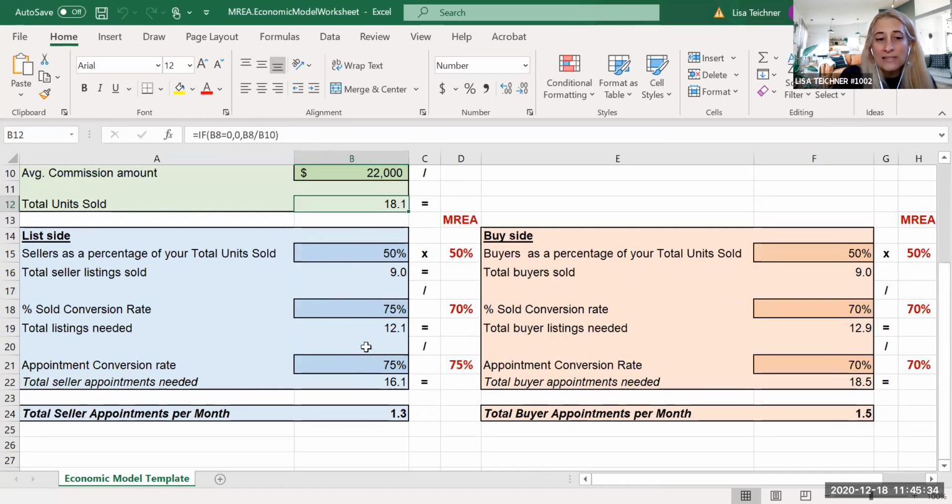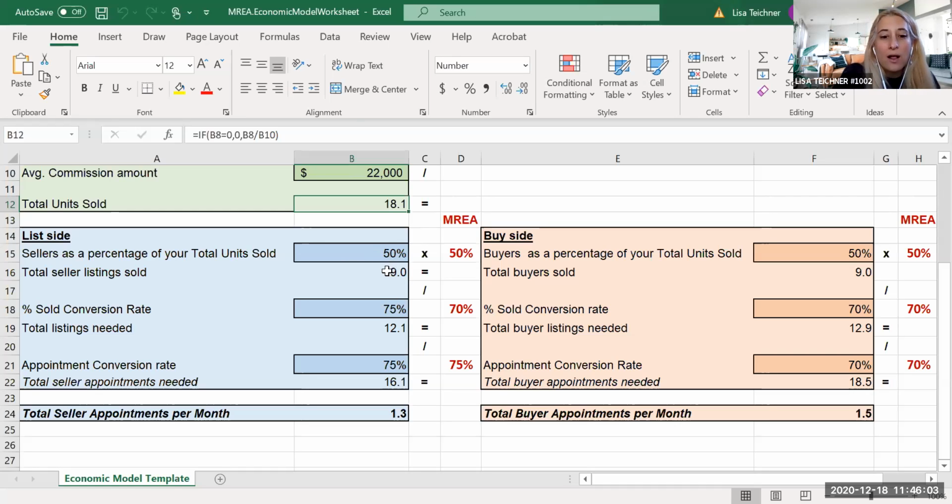And then this is where you can separate it based on how many are listings and how many are buyers. So again, the MRA model says you want 50-50. So I just used that as an example, but you can change it based on whatever you like. If you're a seasoned agent, somebody who's really buyer heavy, which some of you are, you're going to be higher on the buy side. Okay. And then, so here it's 50-50, unless you just make your goal to make it 50-50 next year.